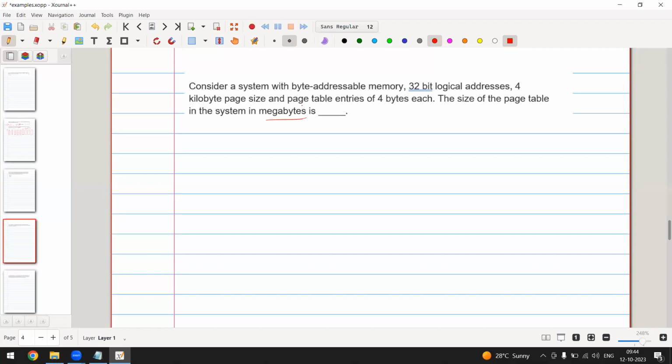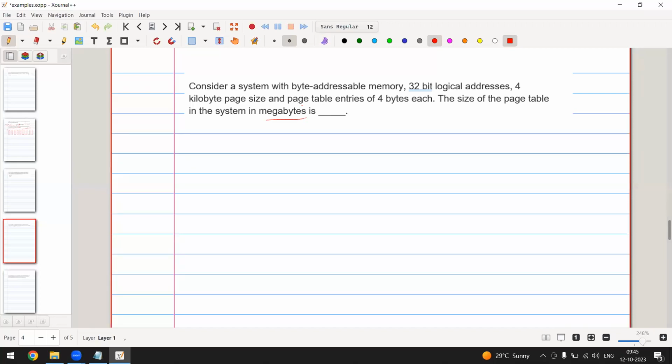You see this kind of examples where the logical address, physical address, page size, page table entry size is given. What you are supposed to do? First thing is you have to interpret the given data. Whatever data is given to you, that you have to interpret.